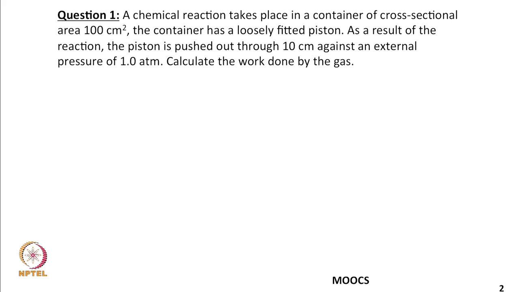Let us consider question number 1, which is: a chemical reaction takes place in a container of cross sectional area 100 centimeter square. The container has a loosely fitted piston. As a result of the reaction, the piston is pushed out through 10 centimeter against an external pressure of 1 atmosphere.